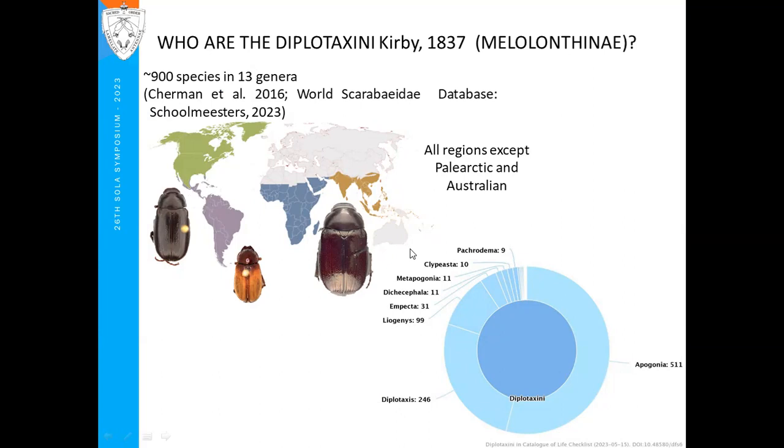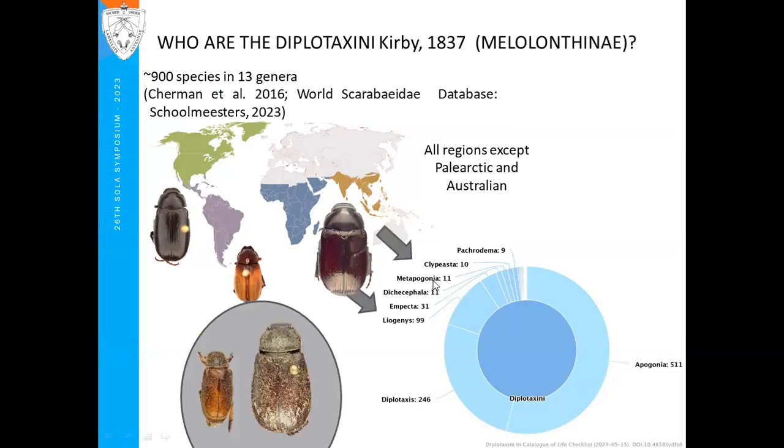The remaining richness is represented exclusively in the Neotropical region, with Lyogenys, which has almost 100 species, and this genus occurs along with 4 other genera.